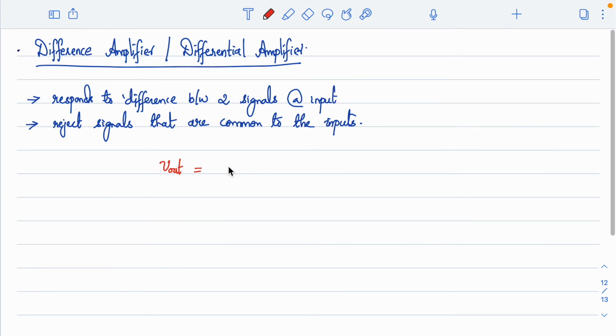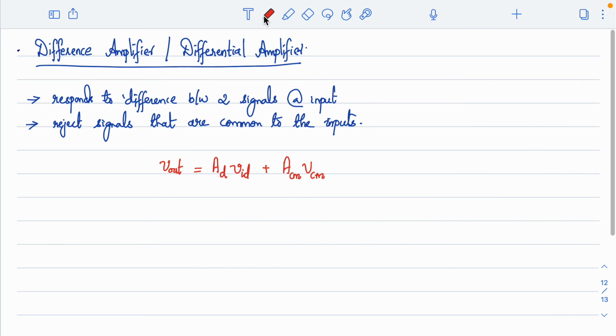When there is a difference in the input signal, that difference is expressed as VID, which represents the difference in the input signals. That should be amplified by the amplification factor marked AD. At the same time, the signals common to both inputs, marked as VCM, should be rejected, so there is another term called ACM.